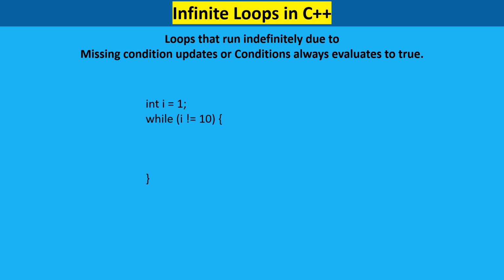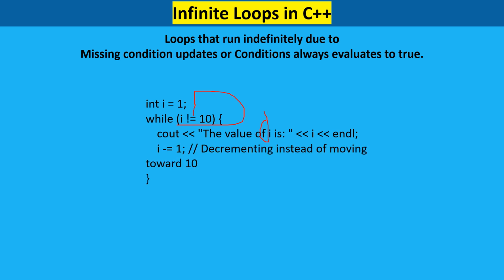The second one is the while loop, initiated with the condition i != 10. The loop will continue executing as long as i is not equal to 10. cout the value of i. Inside the loop, the current value of i is printed to the console.